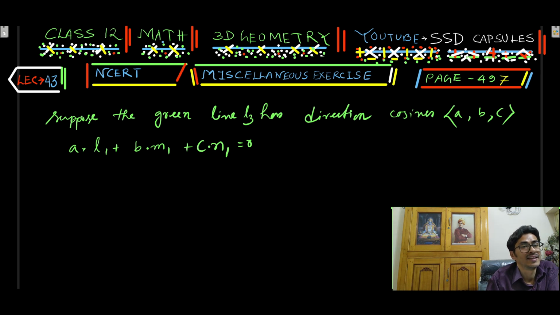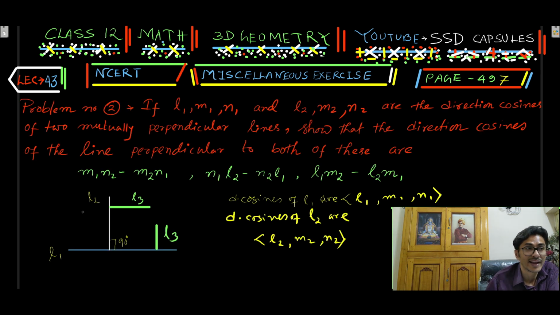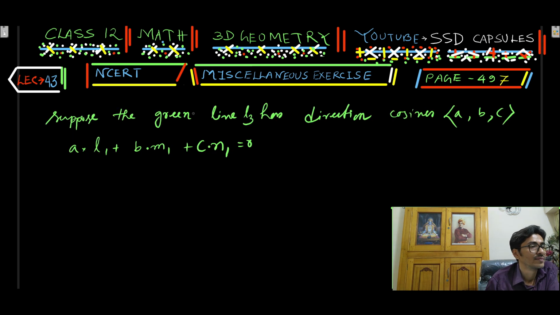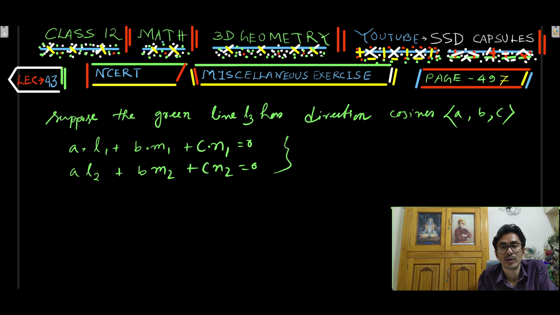Again, this line L3 is perpendicular to L2, so we can write A L2 plus B M2 plus C N2 equal to 0. Now from these two relations we are going to find the value of A, B, C. Then we are done.